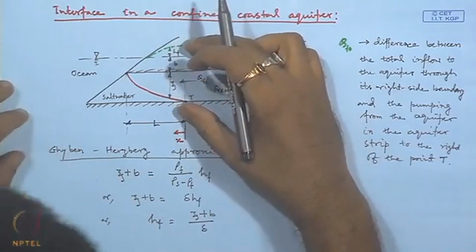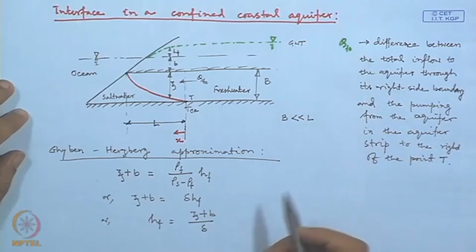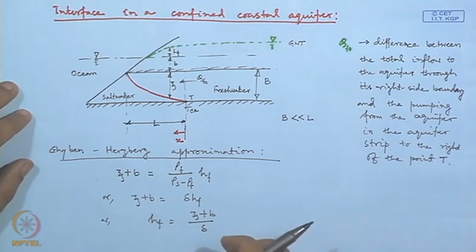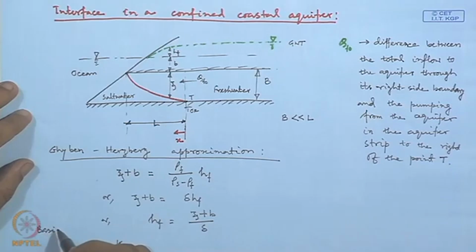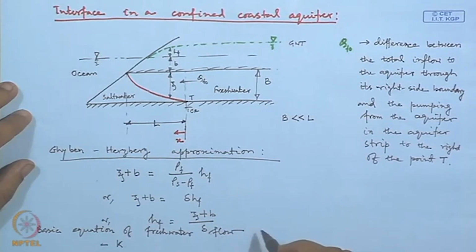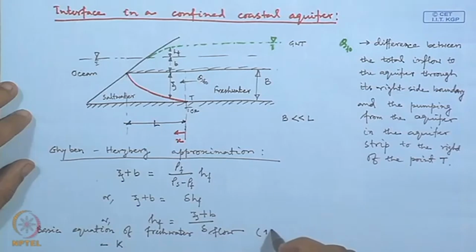So, for this configuration, in our freshwater zone we have flow; we can write the basic equation of fresh water flow, and this is a 1D and only horizontal flow condition.